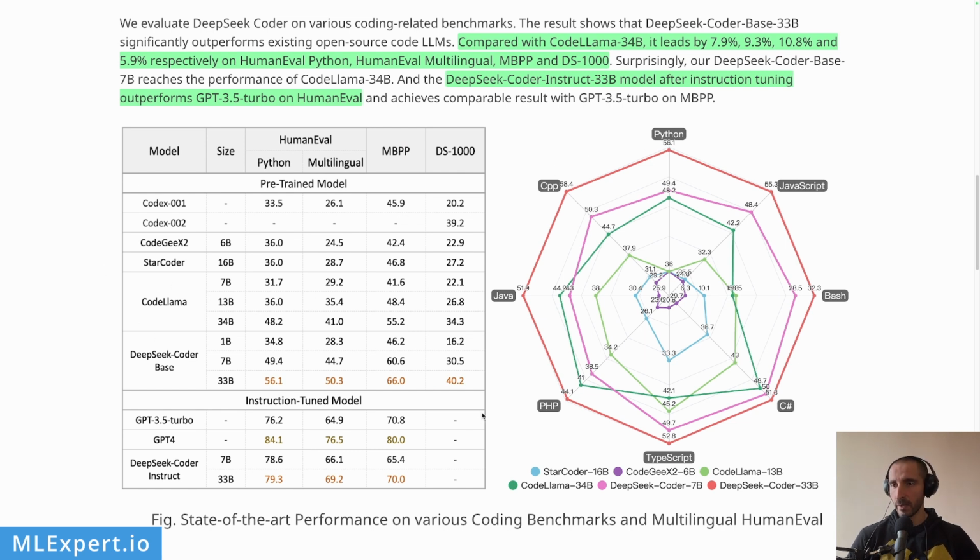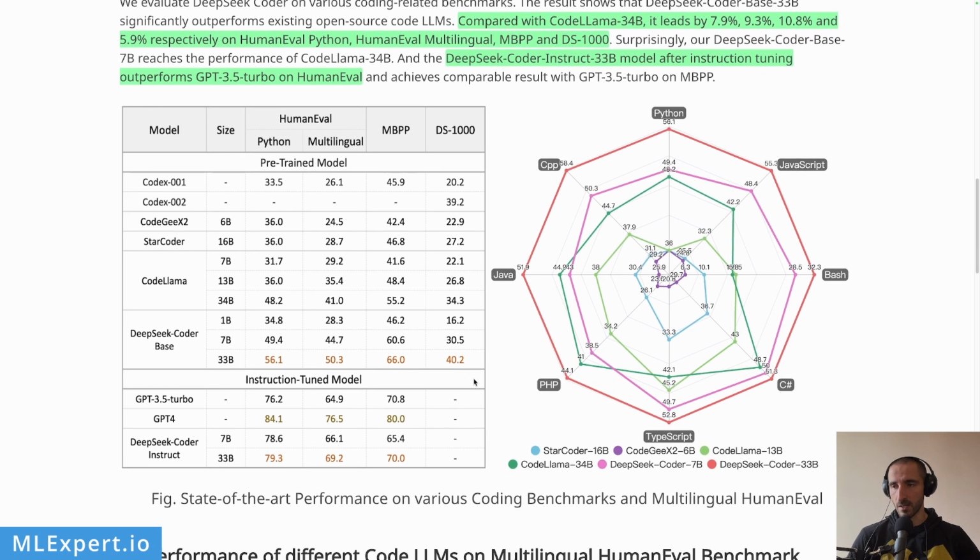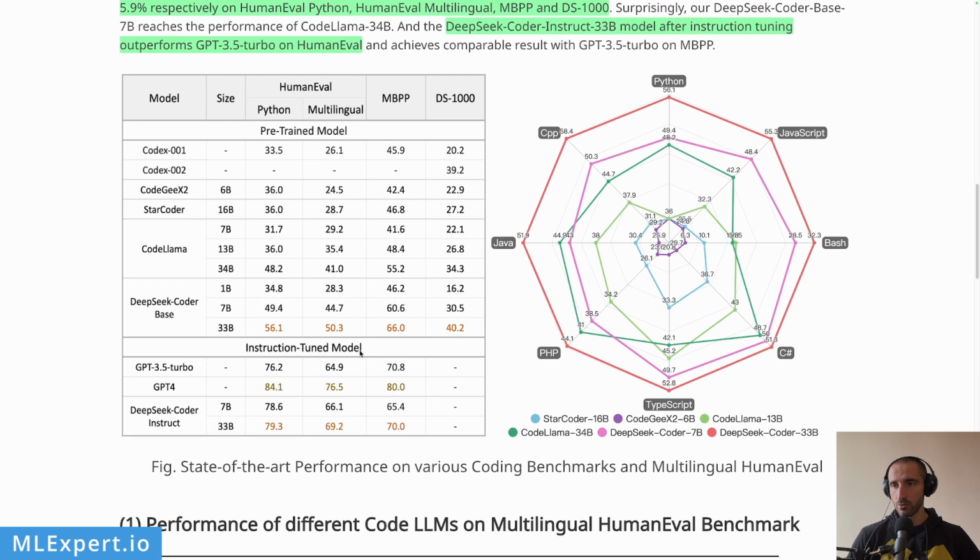So here is a breakdown of what the model can do. You can see that the DeepSeek Coder base model is outperforming pretty much everything across the board in this table, and is performing much better on all of the evaluation examples. Here the instruction tuned model is compared to GPT 3.5 Turbo and GPT-4.